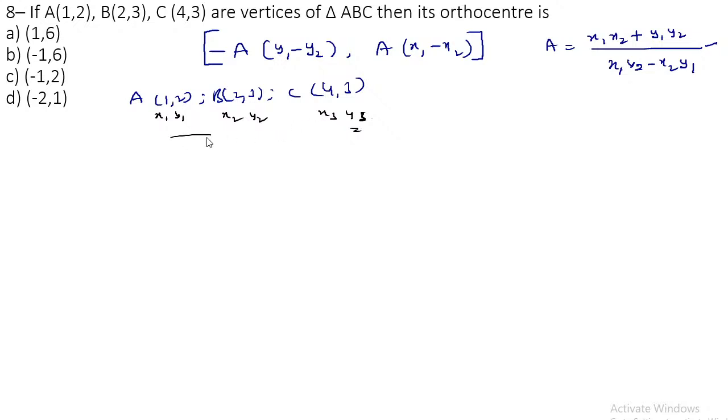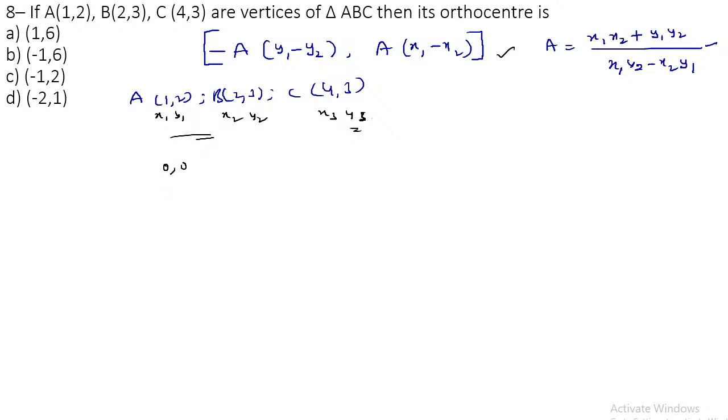We have x1, x2 and x3, but the formula uses only x1 and x2. So what is this confusion? Don't get confused. What you need to do is convert one of the vertices to the origin. So let us subtract 1 comma 2 from each point.